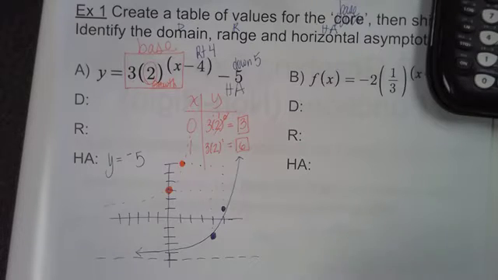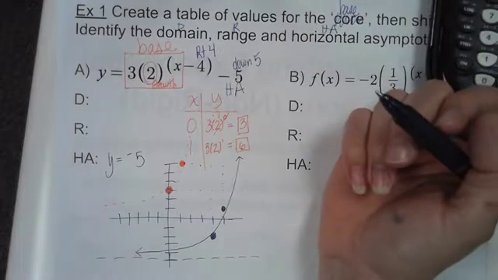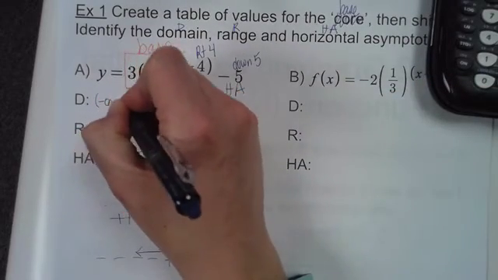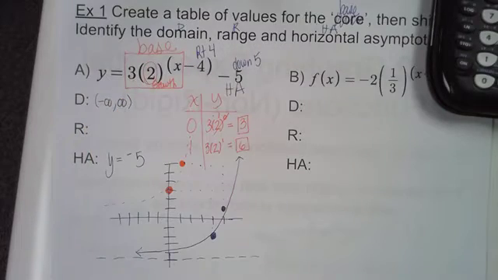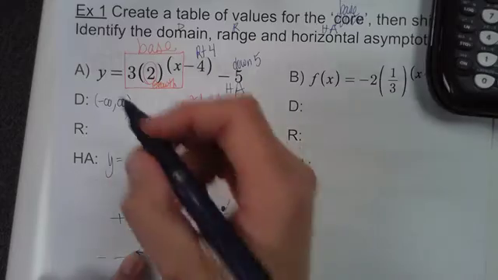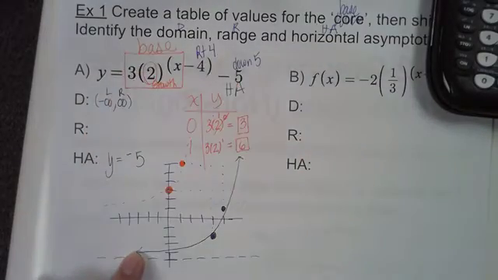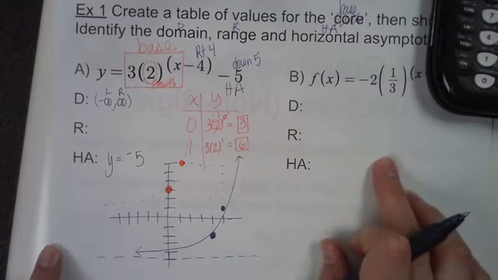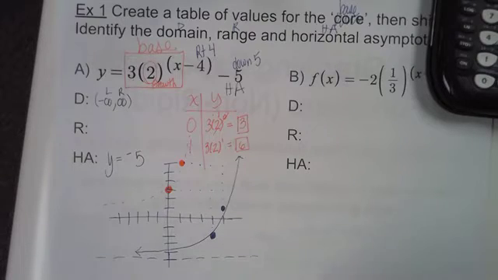What's the domain? Negative infinity to positive infinity. Very good. Domain is how far left and how far right those arrows go, left to right. They go forever. They extend in both directions. What's the range?